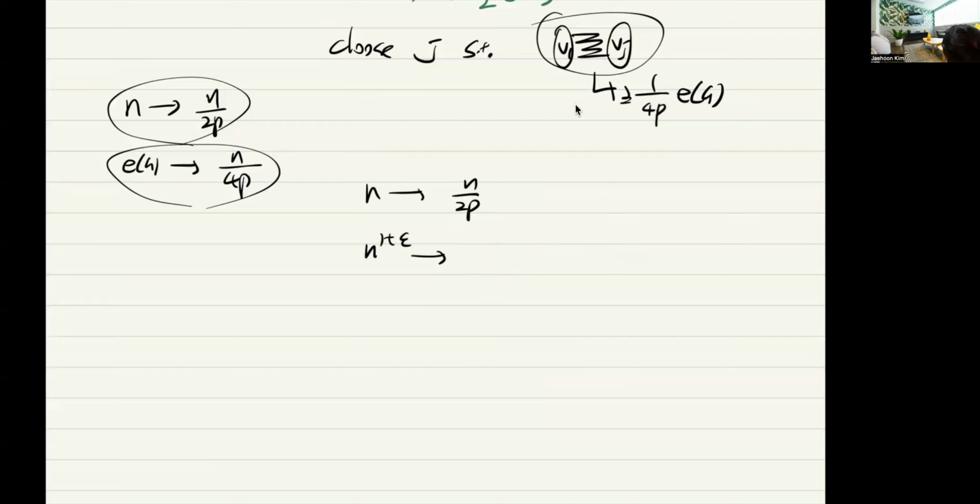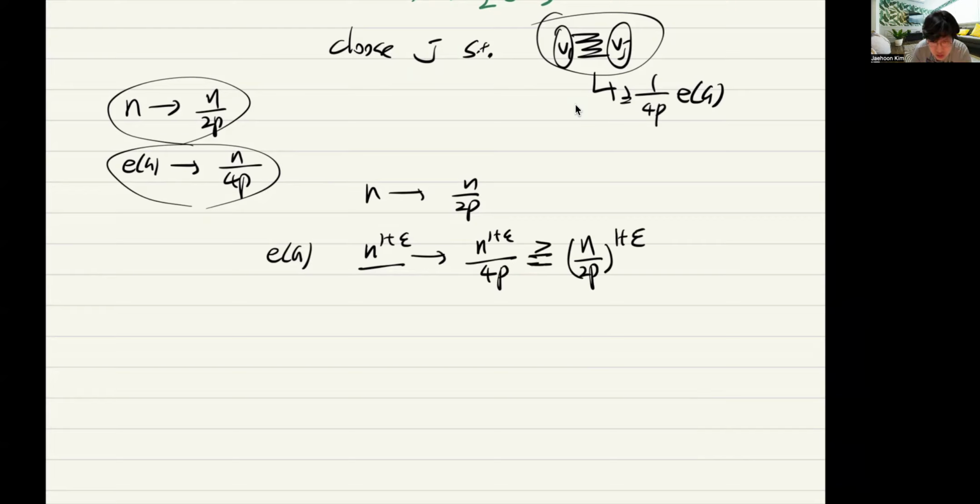let's write it this way. The number of edges, n to the 1 plus epsilon, becomes that divided by 4p. But what's this? This is like n over 2p to the 1 plus epsilon. You can show that this one is bigger.